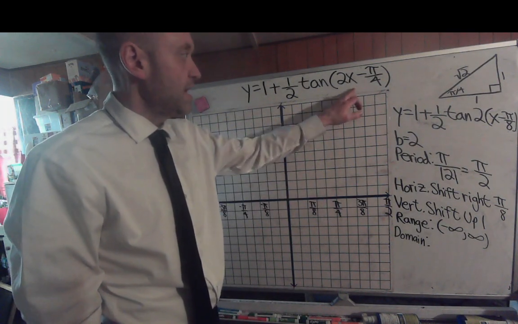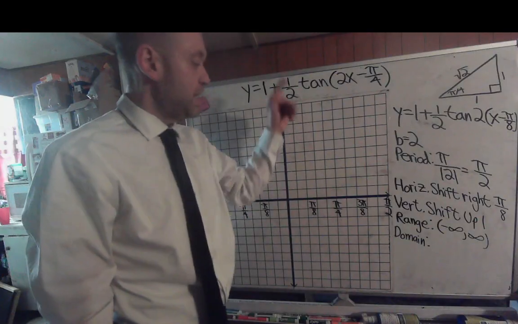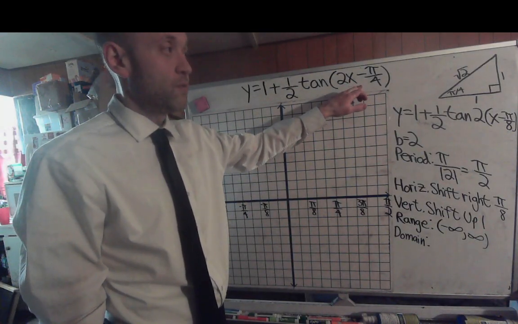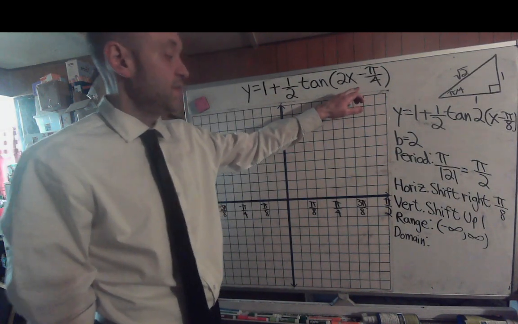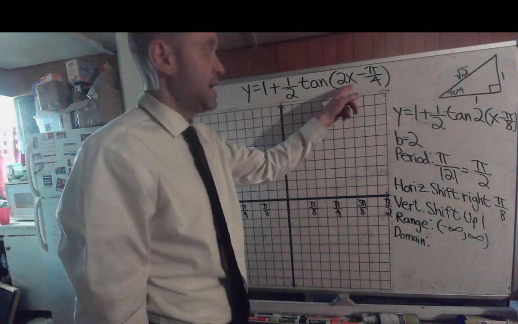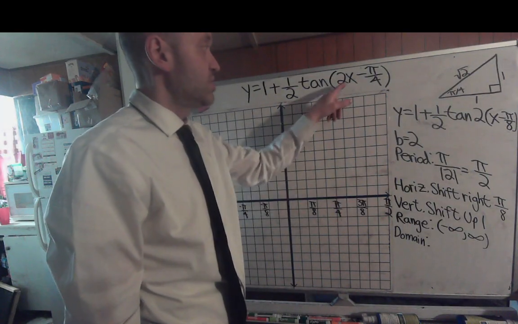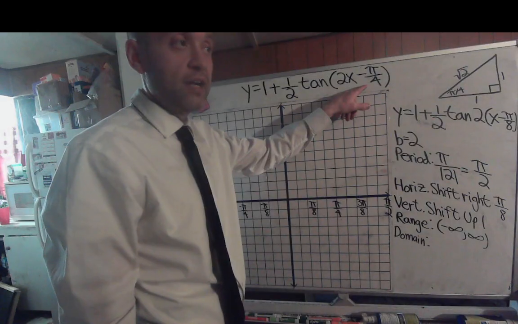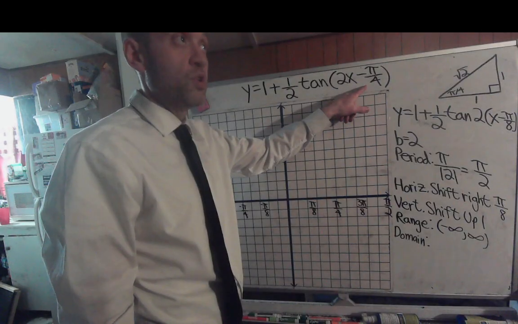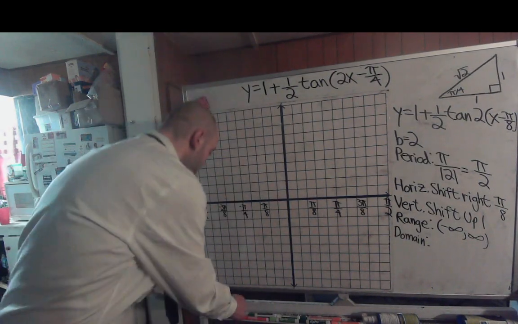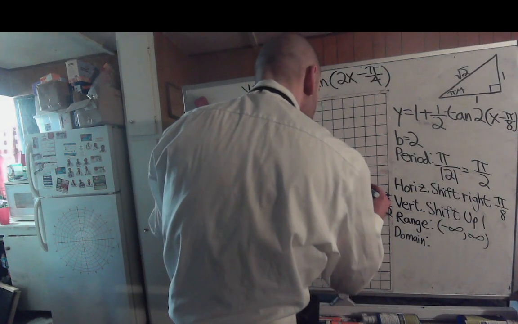Now if you put in pi over 4, you'll end up getting pi over 2 minus pi over 4, which would actually give you pi over 4. Again, that's defined, but what if I put in 3 pi over 8? I'll get the tangent of 3 pi over 4 minus pi over 4. That's the tangent of pi over 2, which we know is undefined. So I'm actually going to have a vertical asymptote at x equals 3 pi over 8.